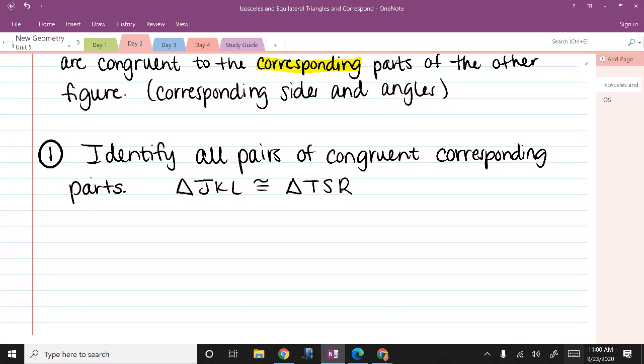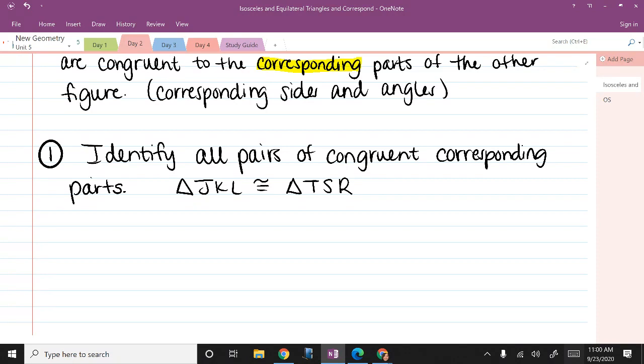All you have to write down is this congruence statement: triangle JKL is congruent to triangle TSR. It's telling me two triangles are congruent, and they want us to identify all the corresponding congruent parts, all the sides and all the angles that are congruent to each other.